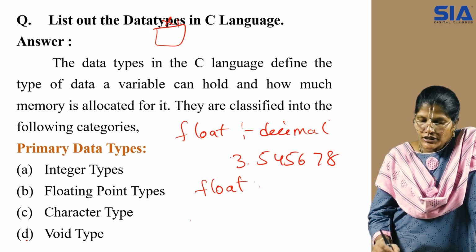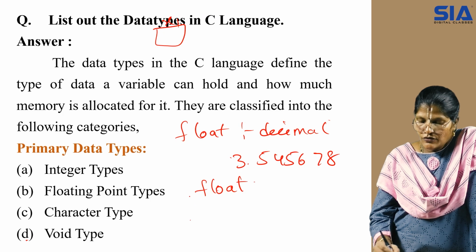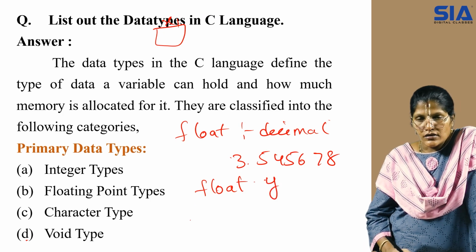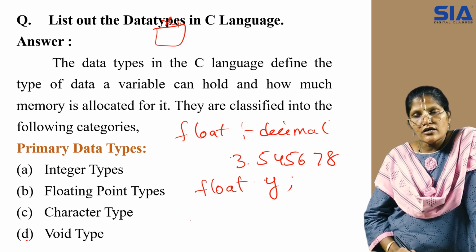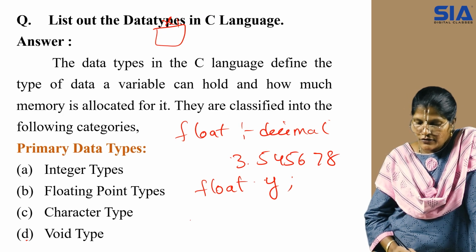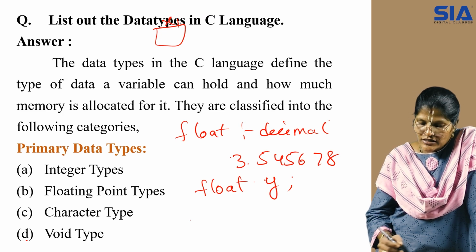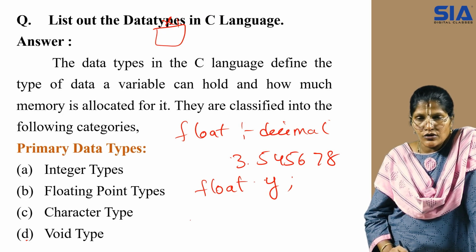So first we need to declare the variable, that is float y. Once you are done with it, it will reserve memory space for the variable called y with 4 bytes of memory. Whether it is a 32 or 64 configuration depends upon the configuration of the system.